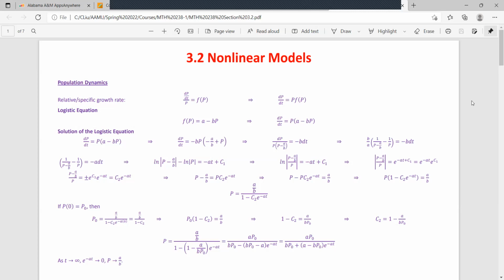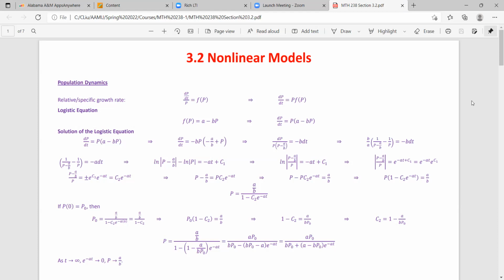So last time we talked about linear models. Those are the real world problems we encountered, and they turn out to be described by linear differential equations that can be solved completely. There are different types of problems we talk about.